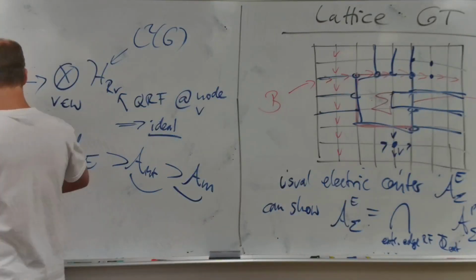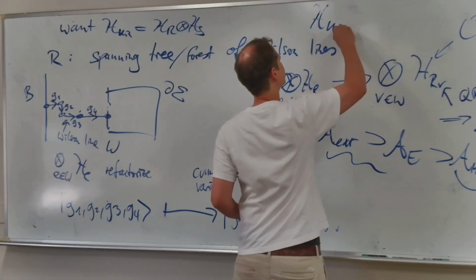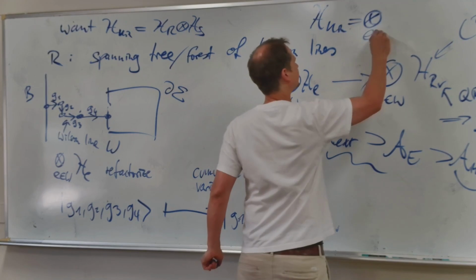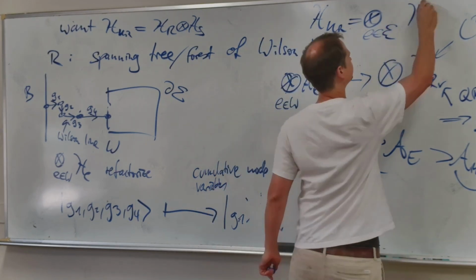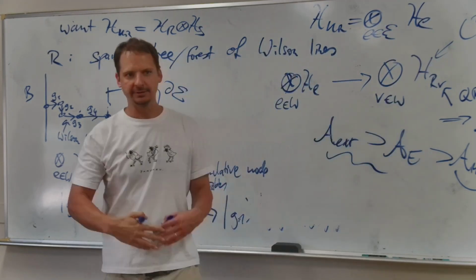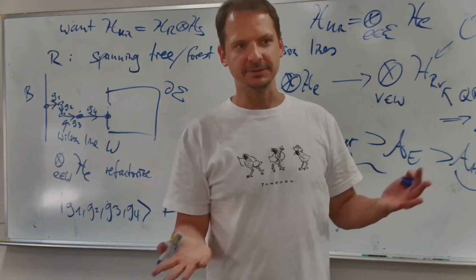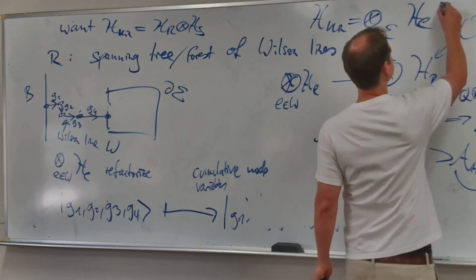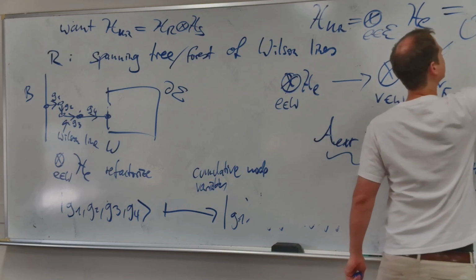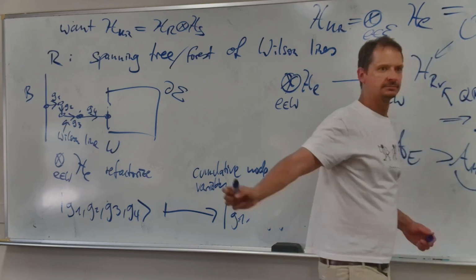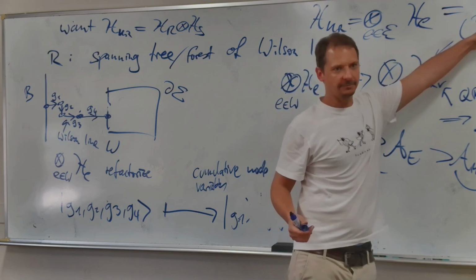Initially, H kin is just the tensor product over the total lattice of these Hilbert spaces. So a priori there's no split into reference frame and system. What I want to do is rewrite this as H_R tensor H_S, but then I have to make a choice of what R is.